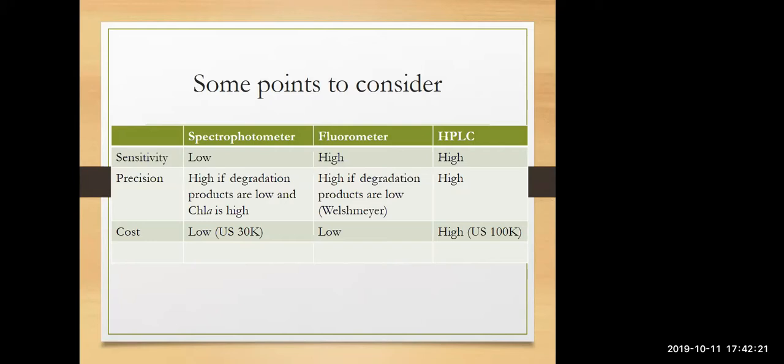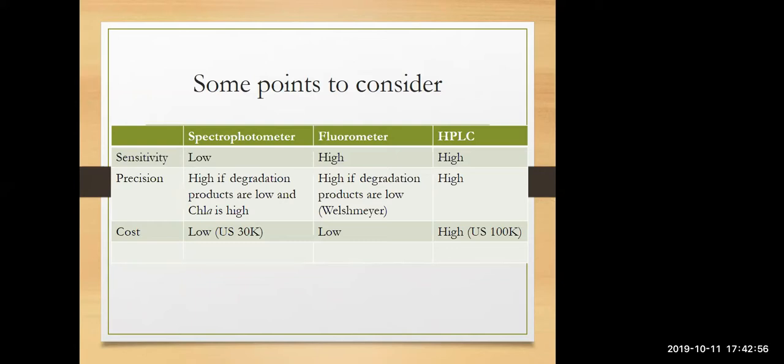They are not recommended for very oligotrophic waters. Its precision is high when chlorophyll-a concentration is high, as in coastal waters, but also if degradation products are in low concentration, for example, the presence of phaeopigments. However, the cost of this equipment is relatively low. I am talking about around $30,000.